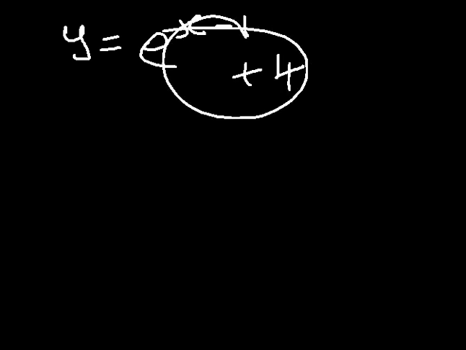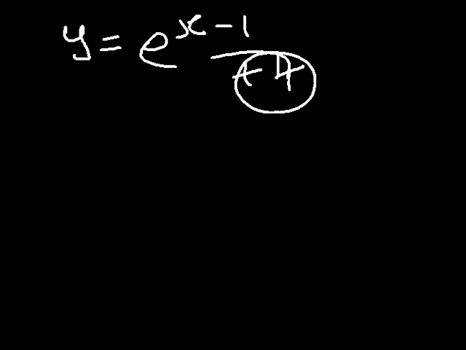Let's say we have y is equal to e to the power x minus 1, plus 4. So what will be the graph of this function? This is the translation along x, and this is the translation along y.